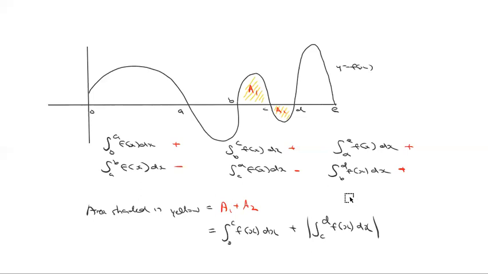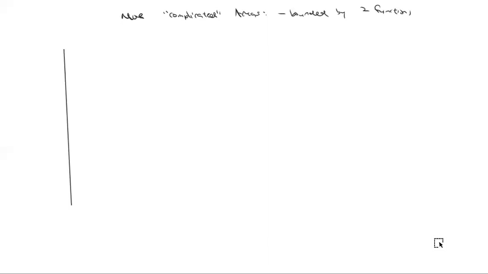All right. So now let's consider so-called more complicated areas. It's not that complicated, but compared to before, it's more complicated. Specifically, they are bounded by two functions. So I'm going to have one function, y equals f of x.